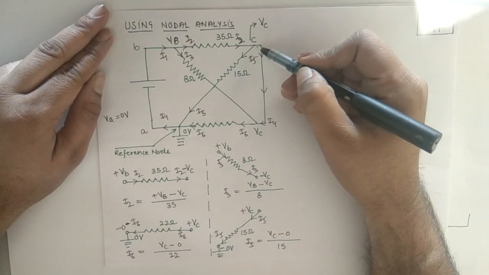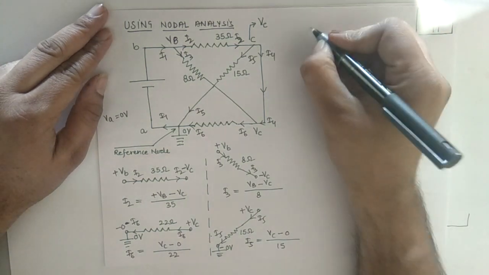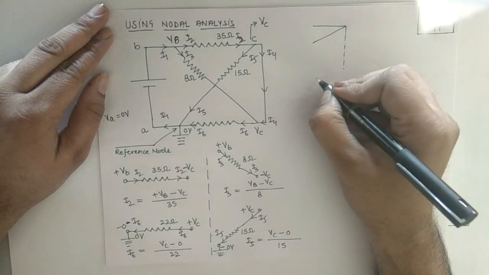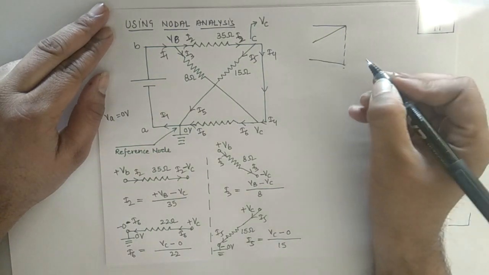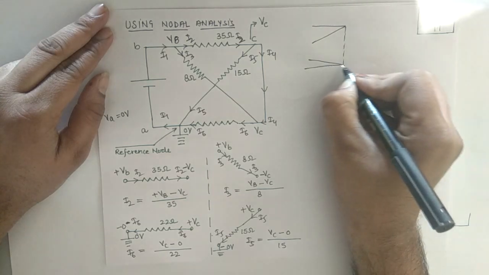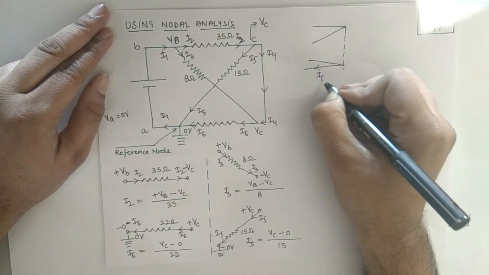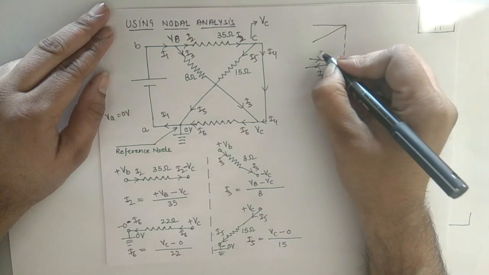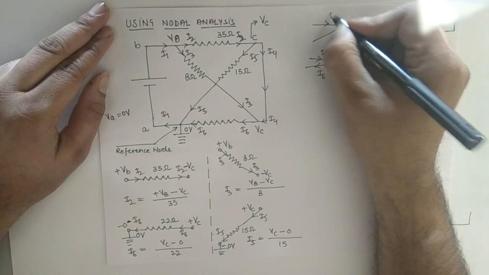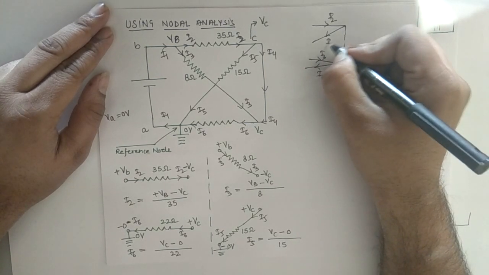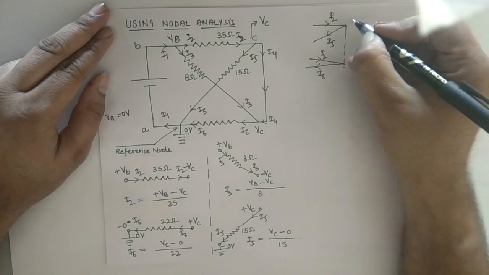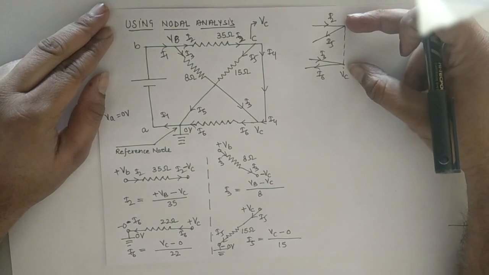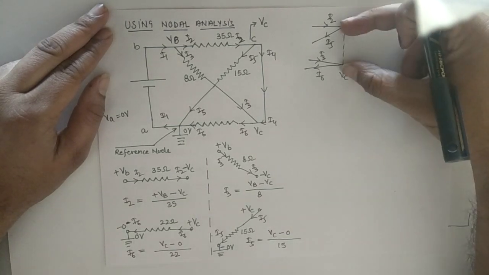Now we consider this I4 element and apply the supernode concept. So it is like this: I6, this is I3, and this is I2, and this is I5. When we apply the supernode, these are at the same potential, so these two nodes are the same.